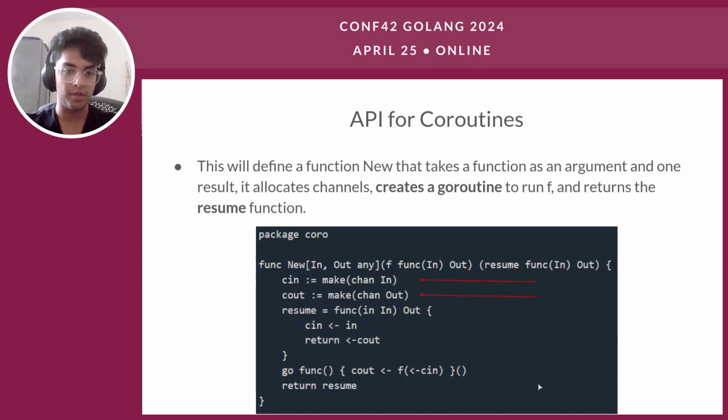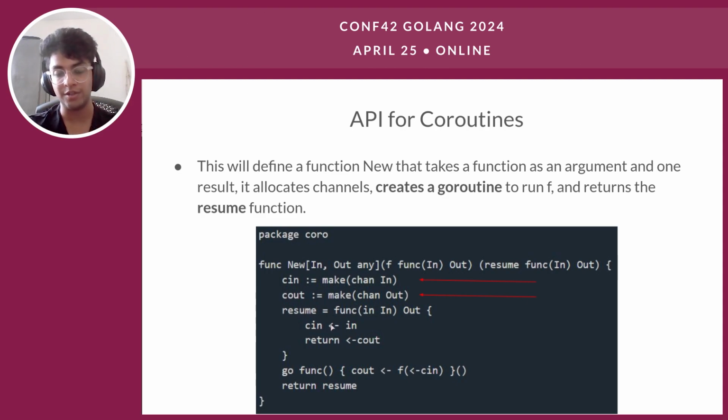Your new function over here, this function New in your package Coro, all it's doing is instantiating two unbuffered channels, your C in and your C out. Okay, let's look at the Go function first. Your Go function, this coroutine, is essentially the coroutine itself, right? So you can see that the function this Go function is running is blocked on C in. When you want to resume this function, you call this resume function.